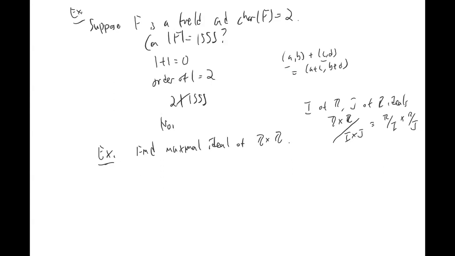If addition was weird, like AC plus BD, if one component involved both components, then it's not obvious. But since everything is just component wise, you could pretty much argue this. So knowing this, can you give me a maximal ideal? Can you find me some I and J such that this works?